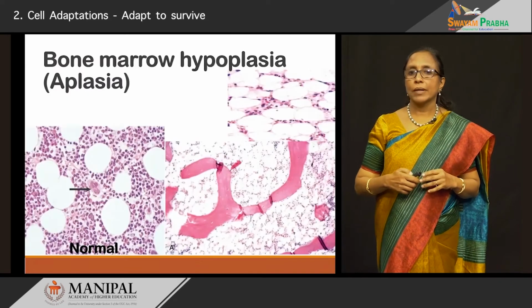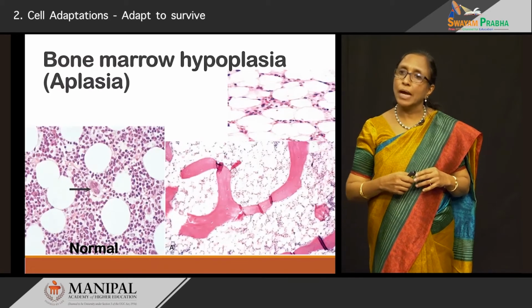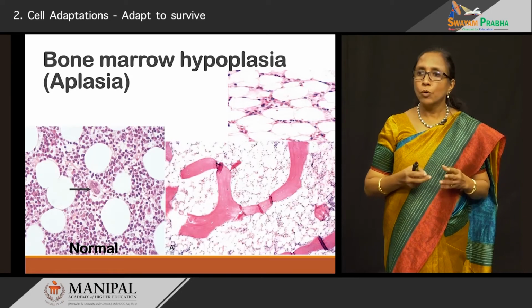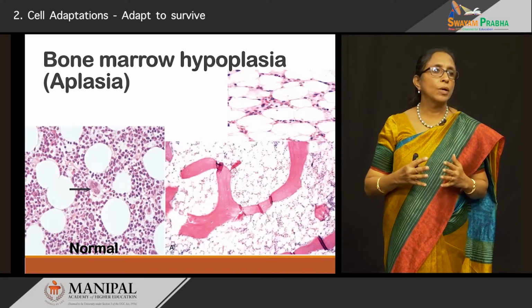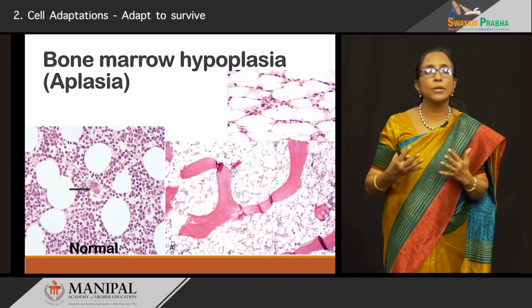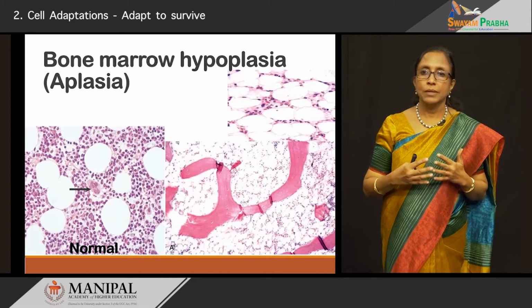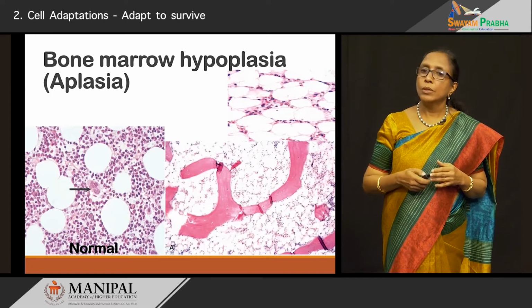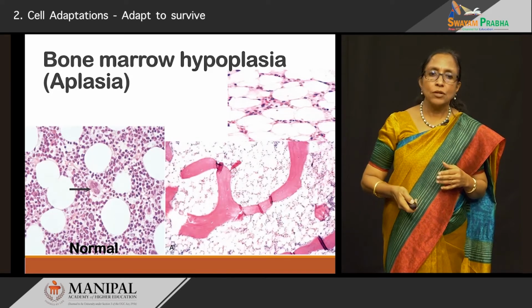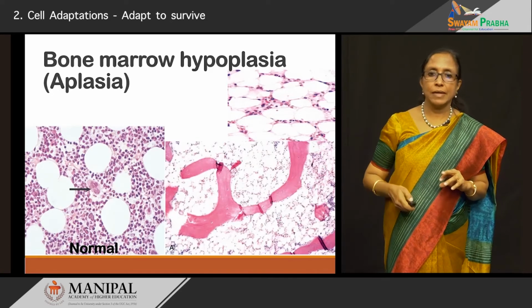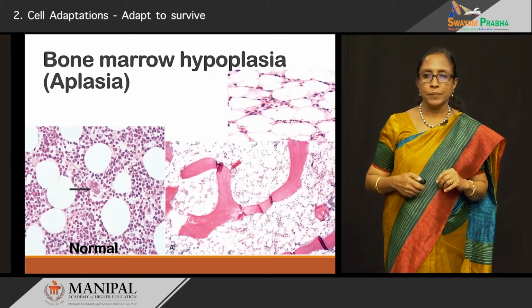Another situation where we use the word hypoplasia is when we talk of the bone marrow. The bone marrow, I am sure you all know, is the factory where the hematopoietic cells are produced: the red cells, the white cells and the platelets. The marrow normally is cellular and has very few fat spaces between them, as seen in that picture.